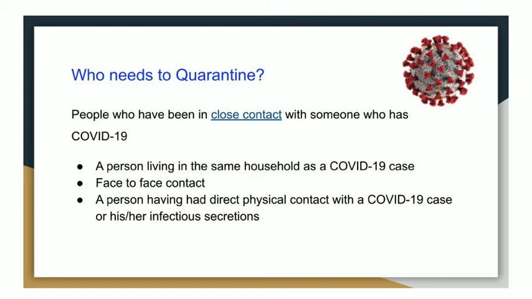Close contact means you are within 6 feet of someone who has COVID-19 for a total of 15 minutes or more, or you have provided care at home to someone who is sick with COVID-19, or you had direct physical contact with the other person, or you shared eating or drinking utensils, or they sneezed or coughed or somehow got respiratory droplets on you. So these are the people who need to be in quarantine.